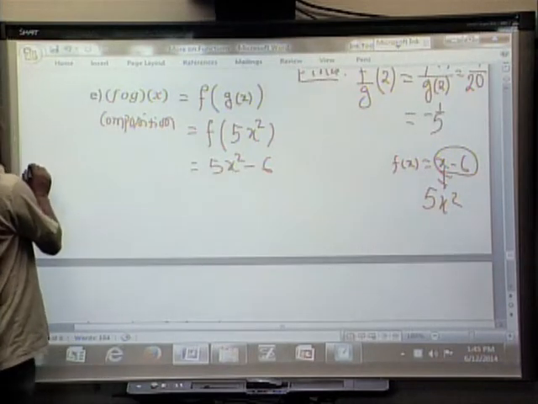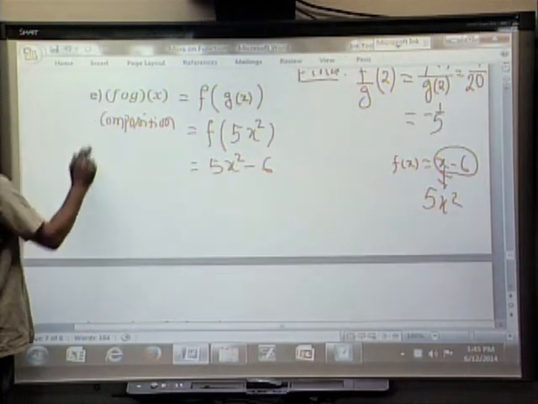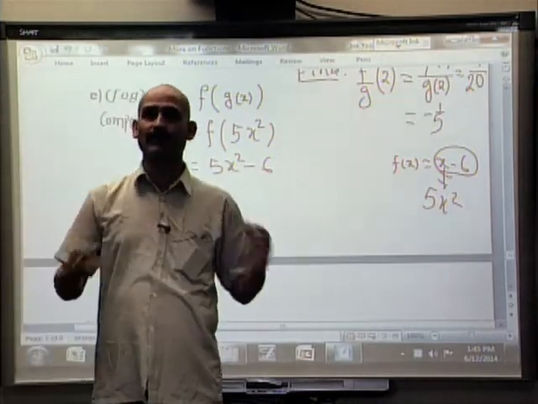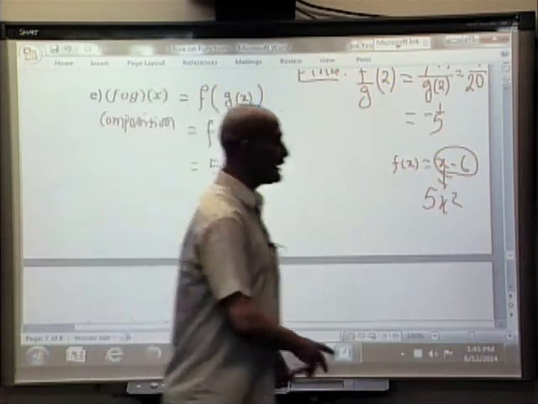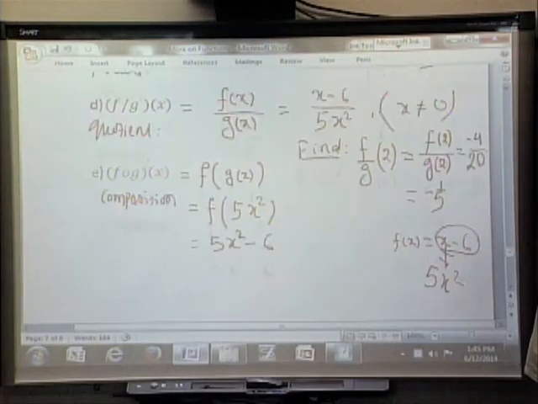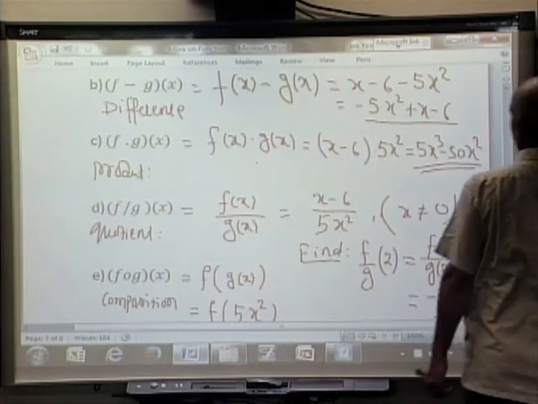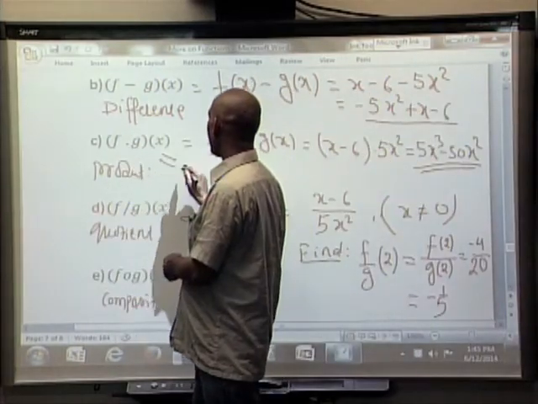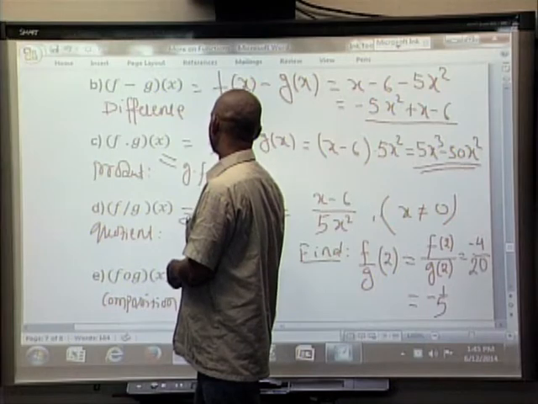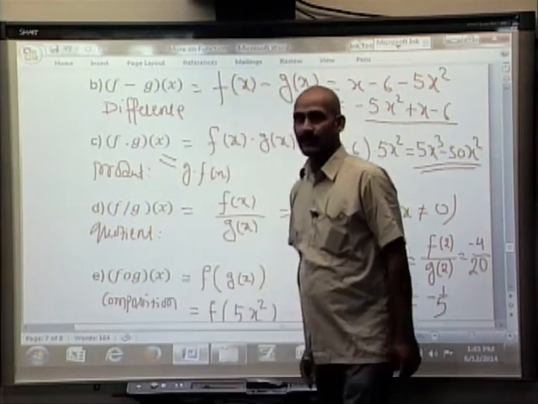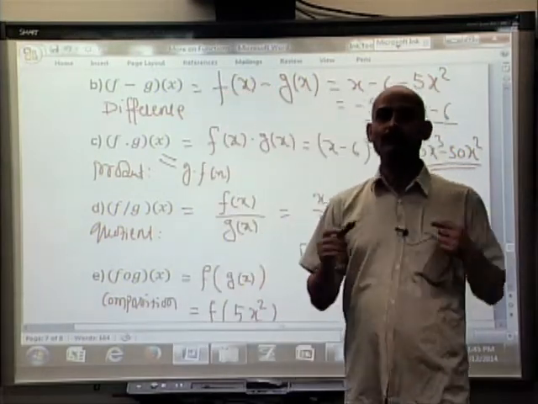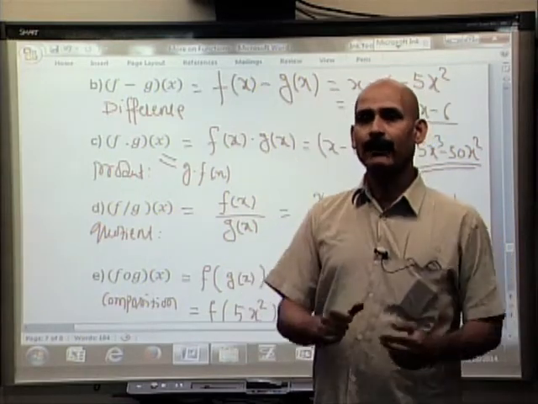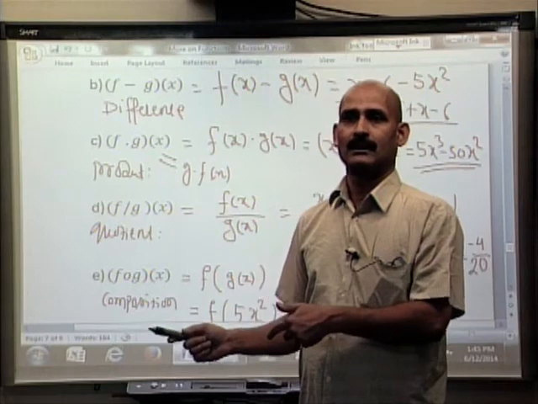Notice the composition f compose g and the product f times g are two different things. In the case of a product, when multiplying two functions, f times g will be the same as g times f, because in order to find g times f, we multiply g of x with f of x.